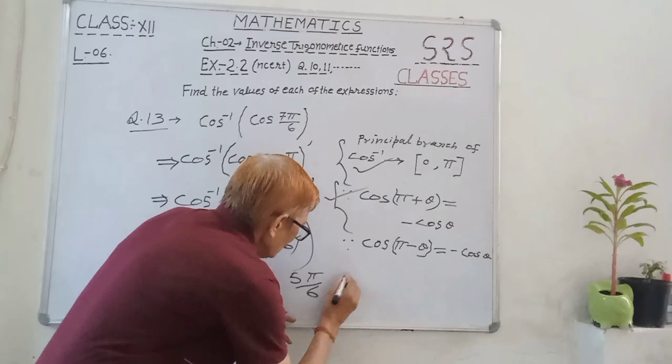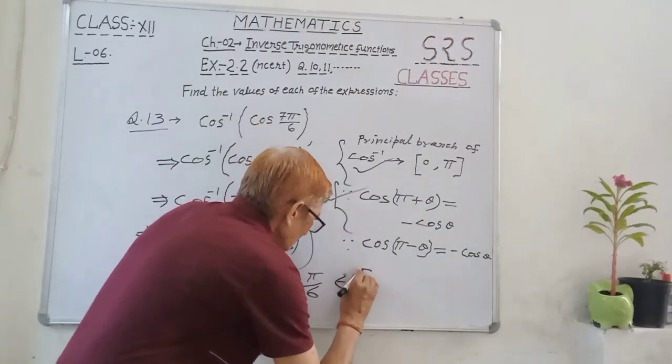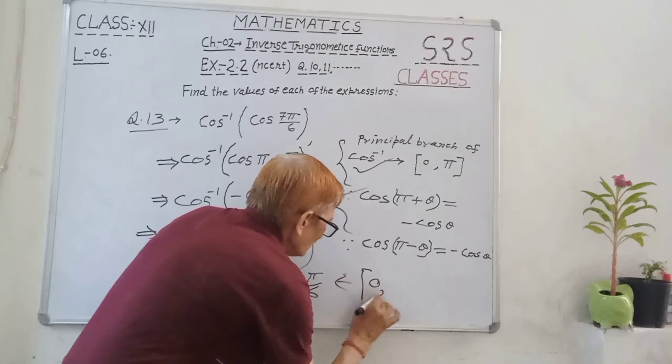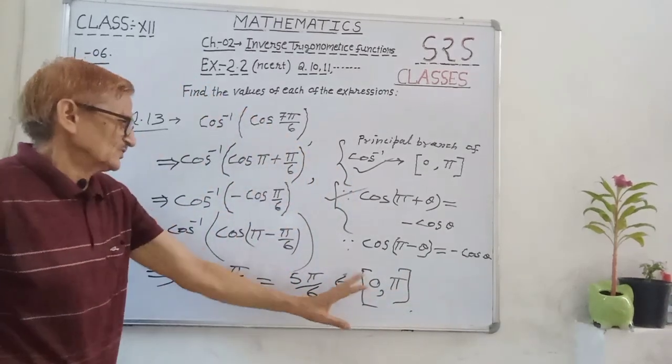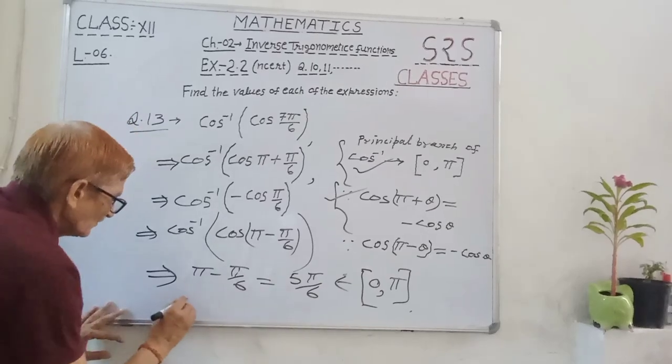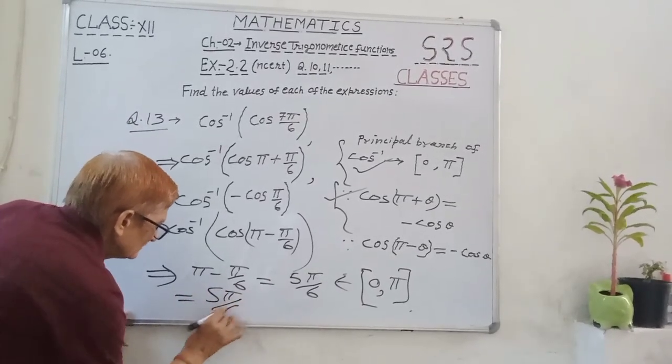This belongs to the branch, the closed interval 0 to pi, so the answer is 5 pi by 6.